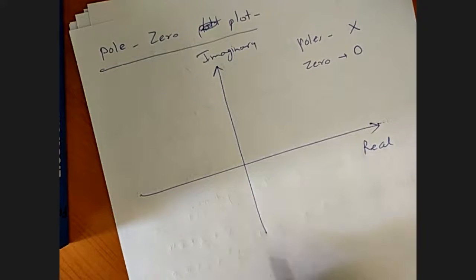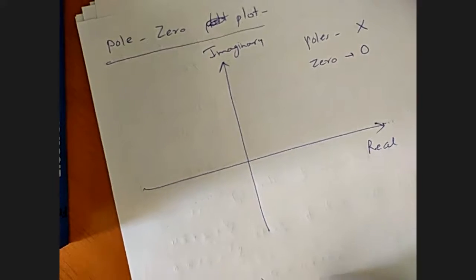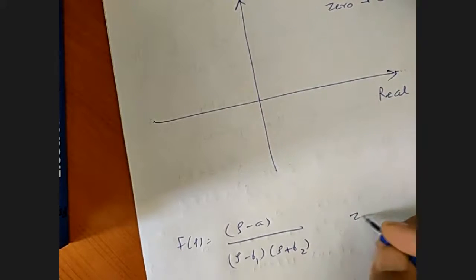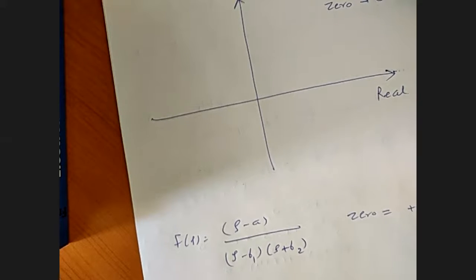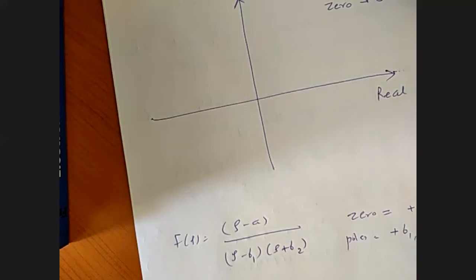So let's consider we have a function F(s) equal to (s minus a) upon (s minus b1)(s plus b2). For this we have a zero at plus a and poles at plus b1 and minus b2.